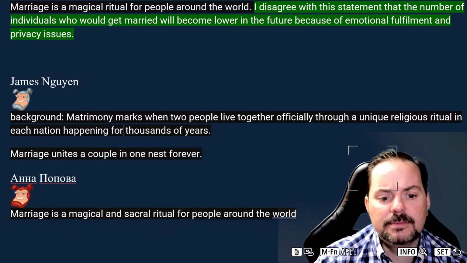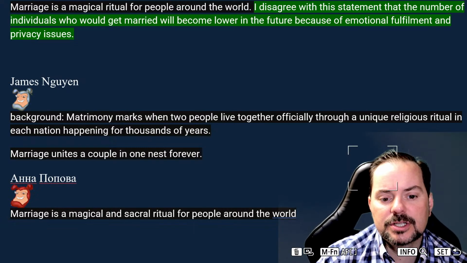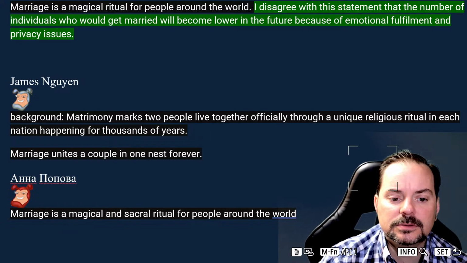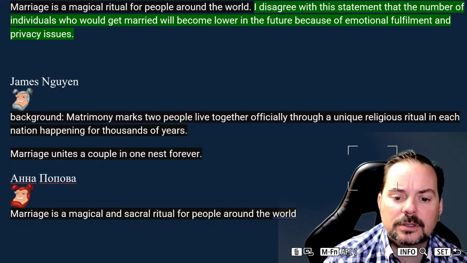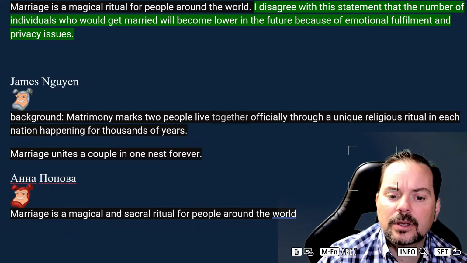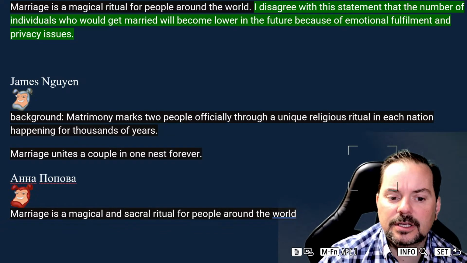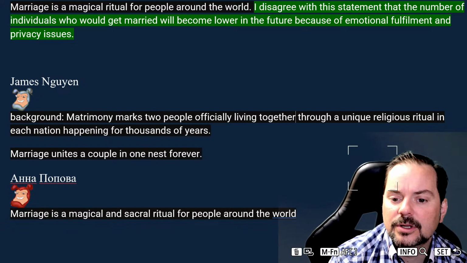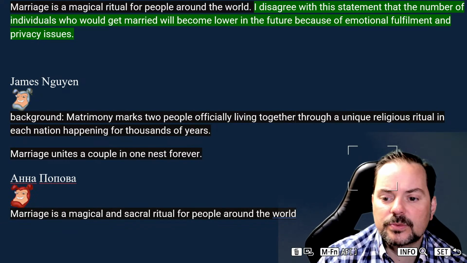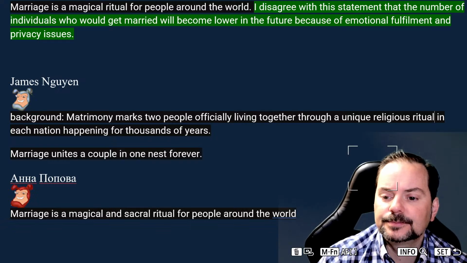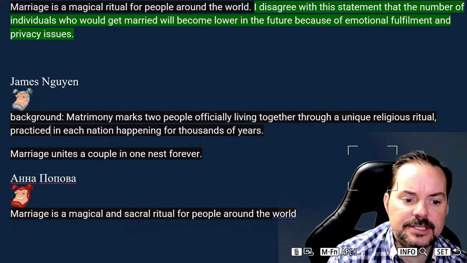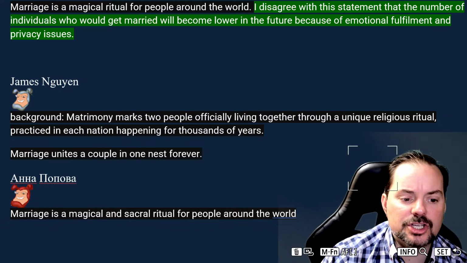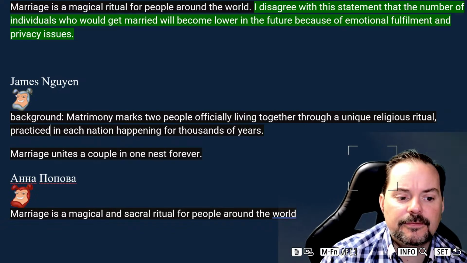Okay, James, matrimony marks two people officially living together through a unique religious ritual, practiced in each nation for thousands of years.